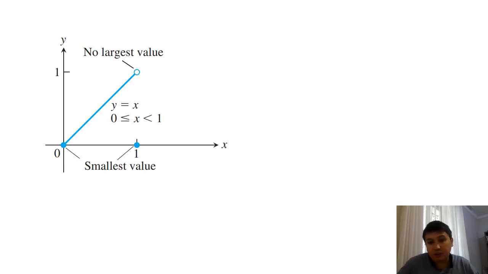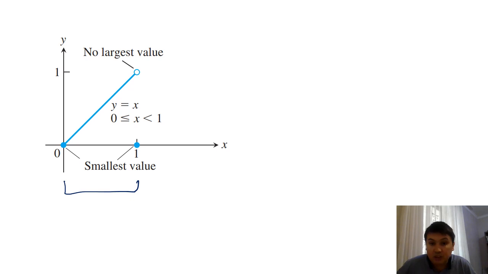Without continuity, we cannot guarantee the existence of minima or maxima, as illustrated in this picture. I'm looking at 0 to 1. At 1, my function is not continuous, right? The value doesn't match. The limit approaches 1, however the value at 1 is 0.